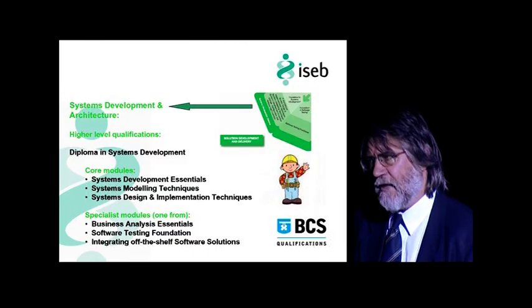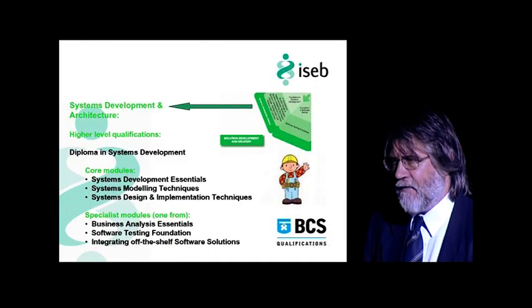The core modules for that are, as I said before, development essentials, modeling, and design and implementation. The specialisms, as in all cases, and again, one shouldn't be limited to doing one if you need more for your career, but the one to choose really points the direction in which you see your job as a systems developer, and that would be looking, if you like, up the life cycle to business analysis, down the life cycle to testing perhaps, although that may well be a parallel activity anyway, but also whether you need architectural view of the world, so that would be a sensible option for some people.